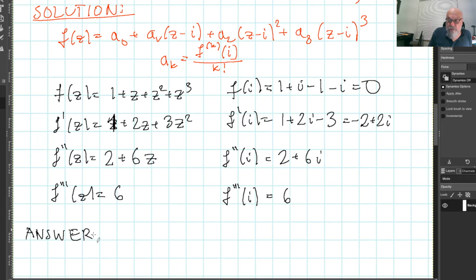And then I can write the answer using this formula here. f of z is equal, so a0 is 0, so there is nothing to write, and then I write it down.